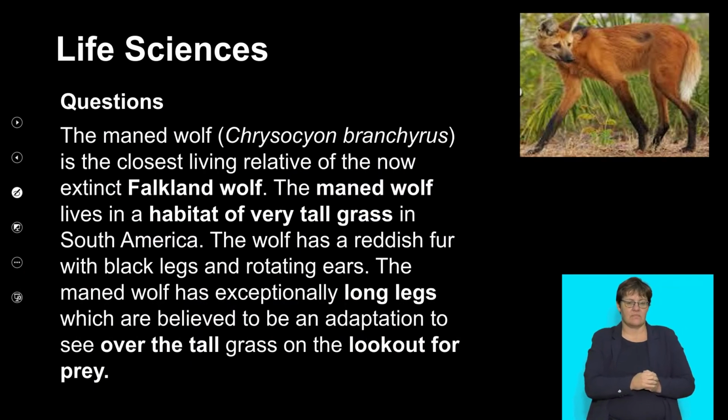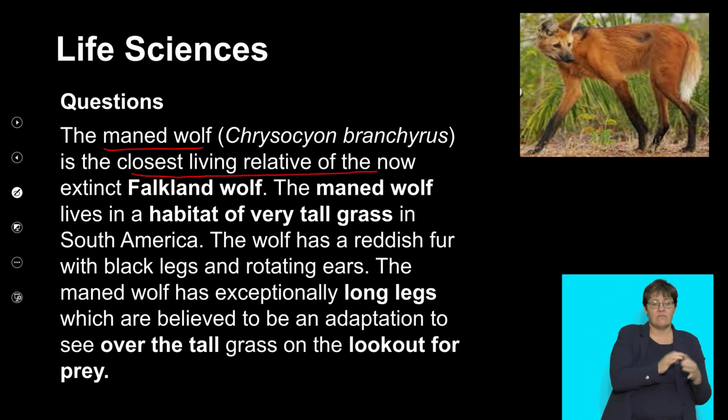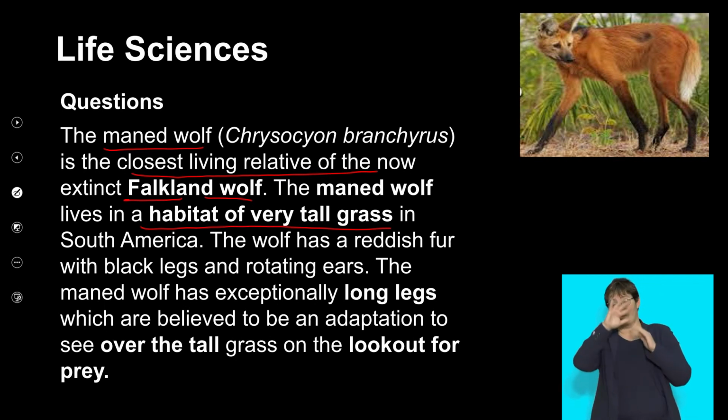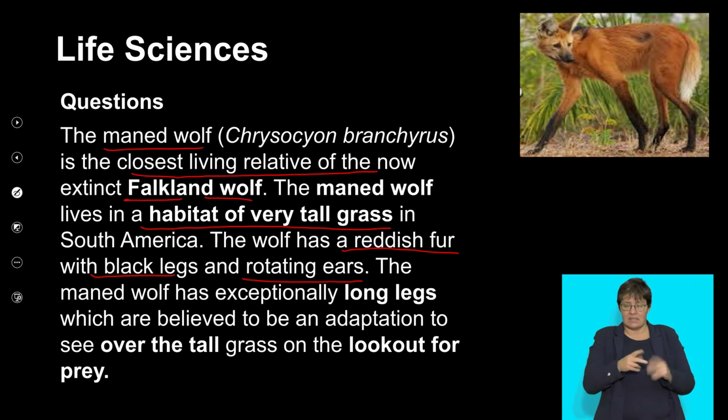As we wrap this segment up, there's a nice question that I'd like to get into, and it reads: the maned wolf is the closest living relative of the now extinct Falkland wolf. The maned wolf lives in a habitat of very tall grass in South America. The wolf has reddish fur with black legs and rotating ears.